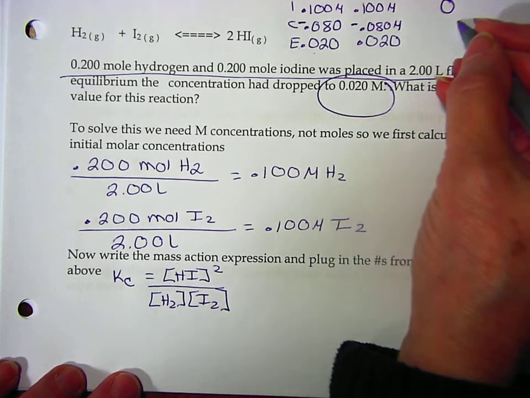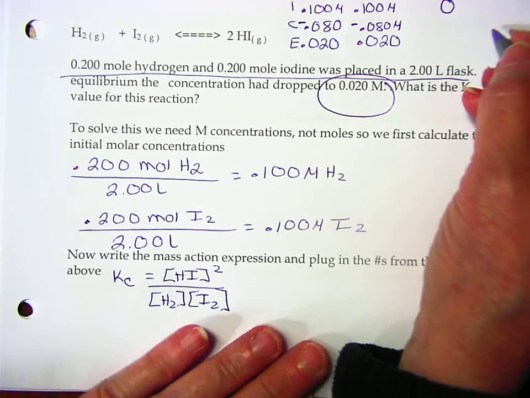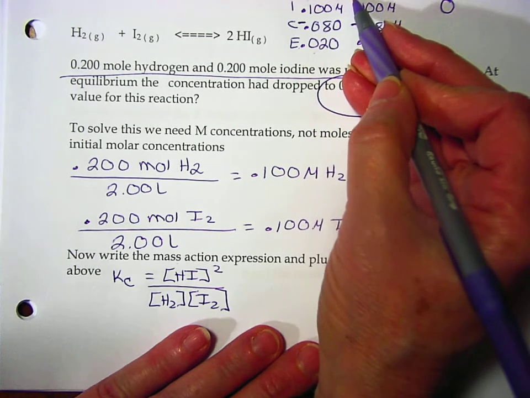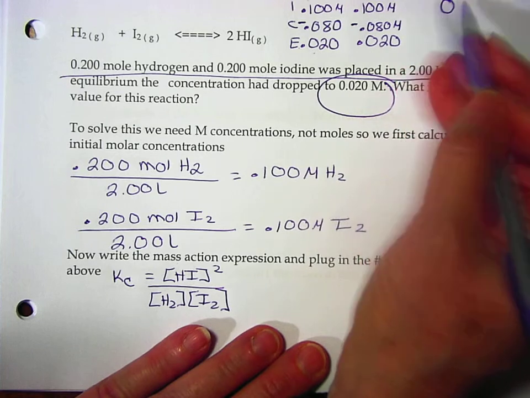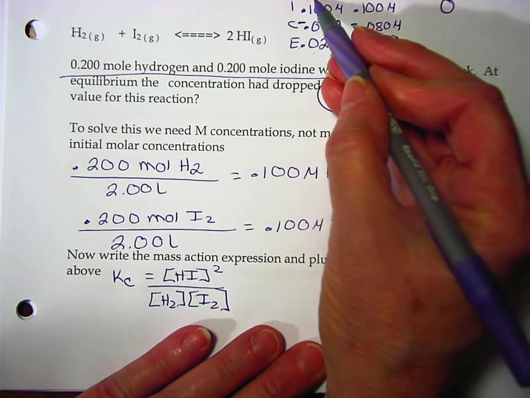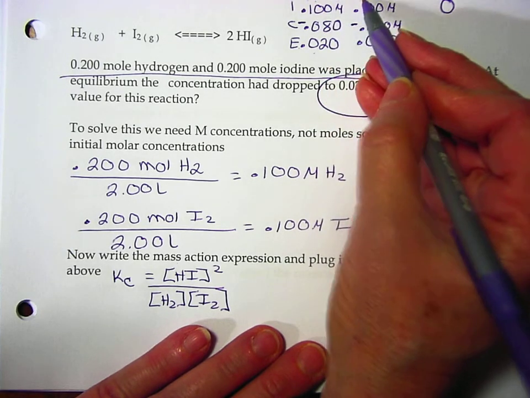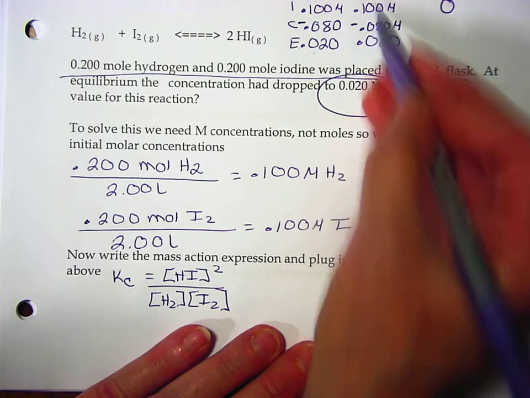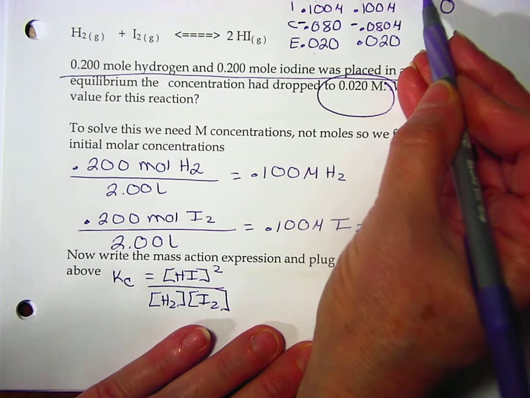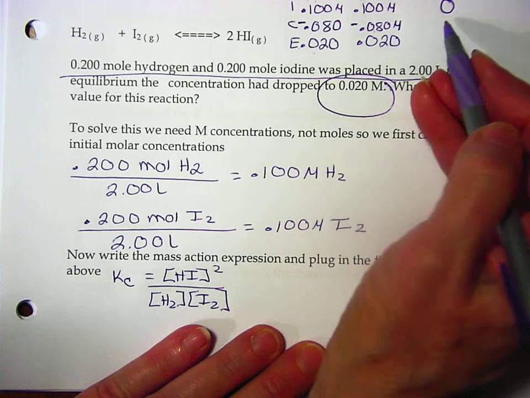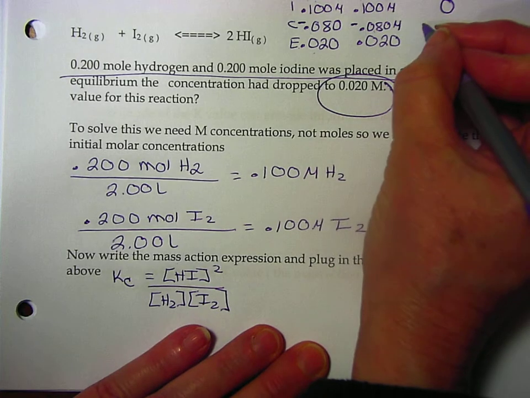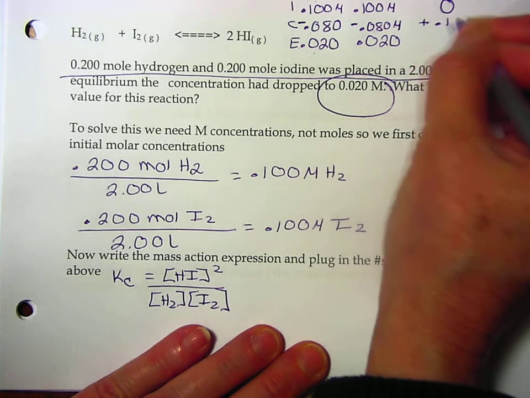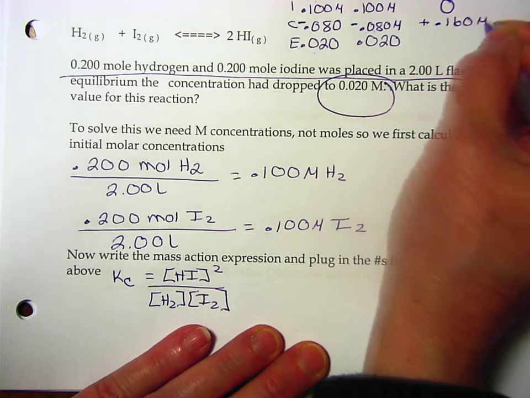Now this is the kind of tricky one. When I look at this, you see that I have 1 mole of hydrogen reacting with 1 mole of iodine to make 2 moles of hydrogen iodide. Since it's 1-to-1 stoichiometry here, I see that these are going down by the same amount. This is 1-to-2 stoichiometry. So the hydrogen iodide concentration has to go up by double that amount. So I get plus 0.160 molar.